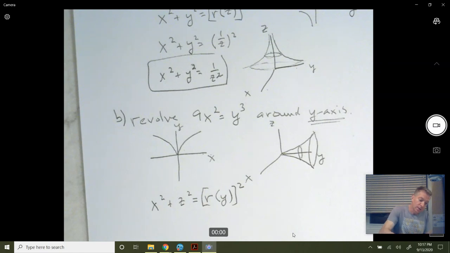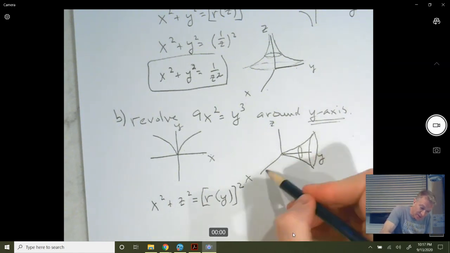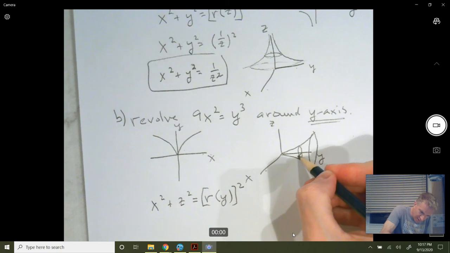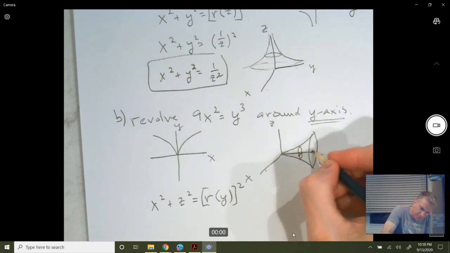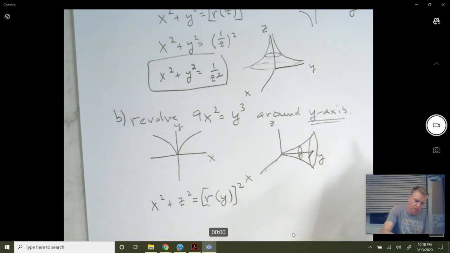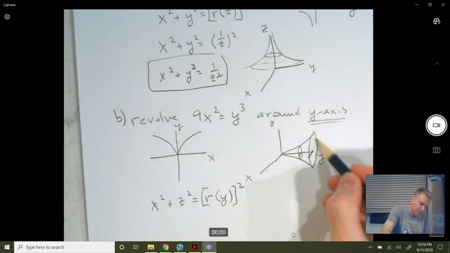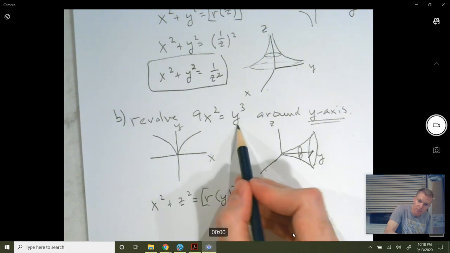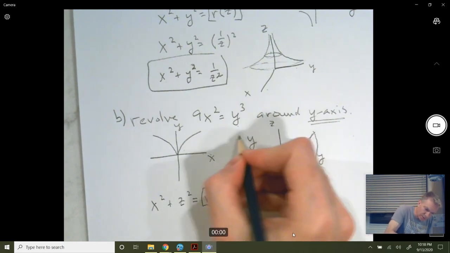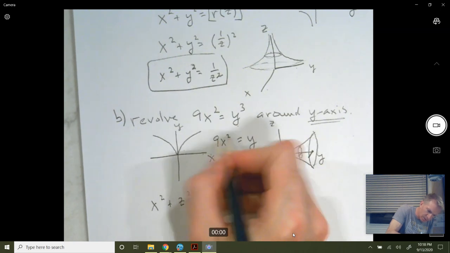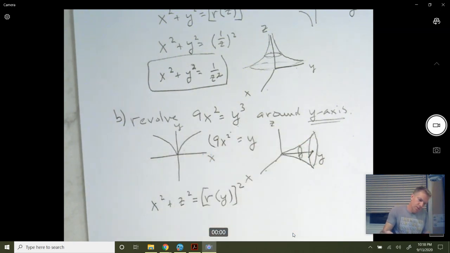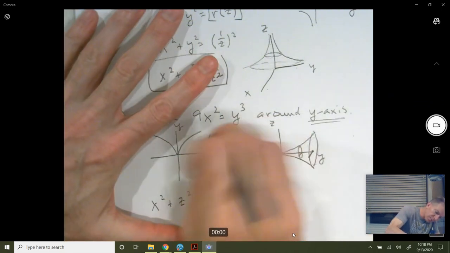Okay. So here, in our case, that's going to be the x value of the function that would come out this way. So that's our radius from the center of each of these. Let's draw it here. From each of these circles out in the direction of the x-axis. So the x value would be there. That's our radius all the way around the circle. Okay, so we have to solve this thing for x.